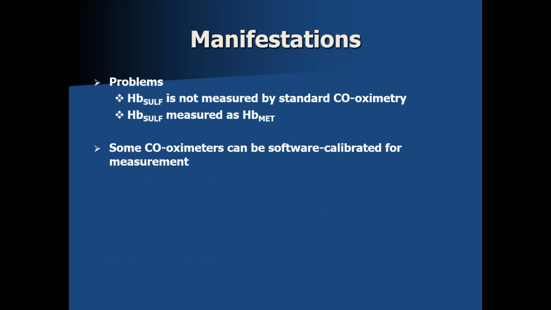The most important problem around sulfhemoglobinemia is diagnosing it, because sulfhemoglobin is not measured by standard co-oximetry and is likely to be detected as methemoglobin and therefore treated as methemoglobinemia. However, there are some co-oximeters that can be software calibrated to measure sulfhemoglobin.